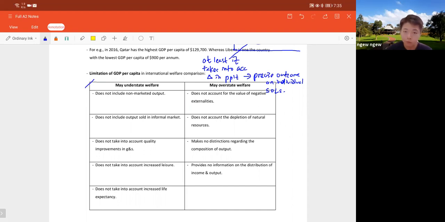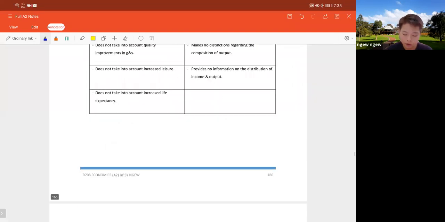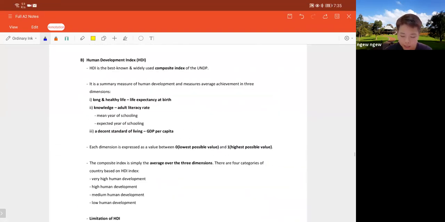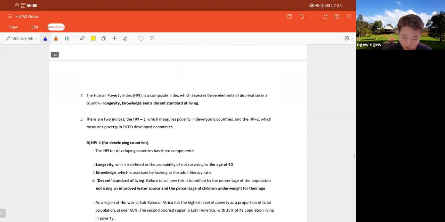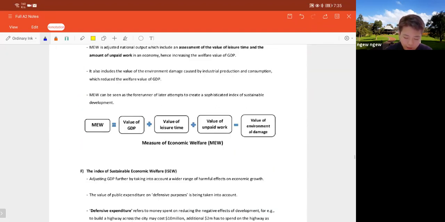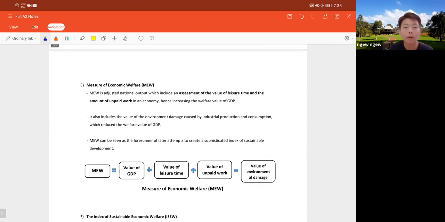Now, moving on, we still have other indicators. And before I talk about Human Development Index, I would like you to scroll to the back and look for an indicator called Measure of Economic Welfare.